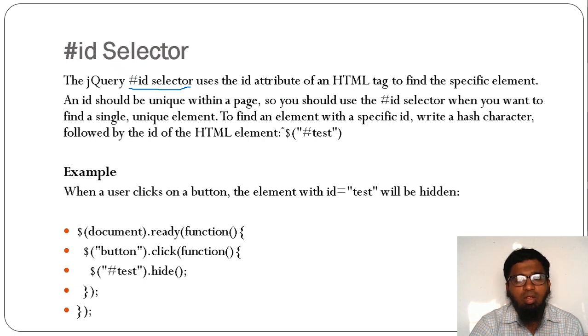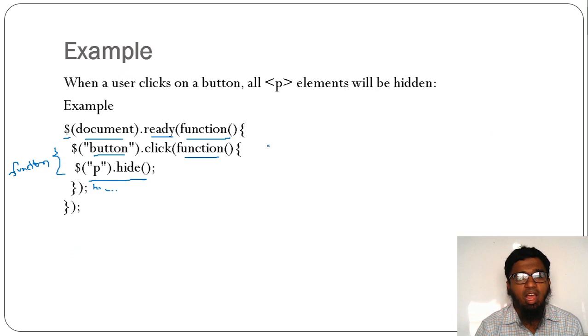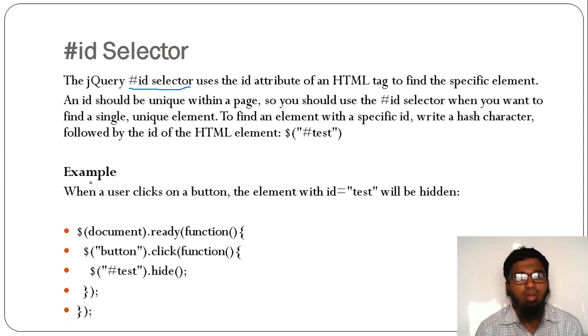So in place of $P, we need to write $hash and whatever your ID is. See the example here: when a user clicks on the button, the element with ID test will be hidden. How to perform that?